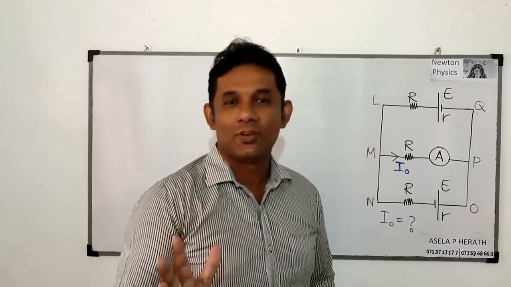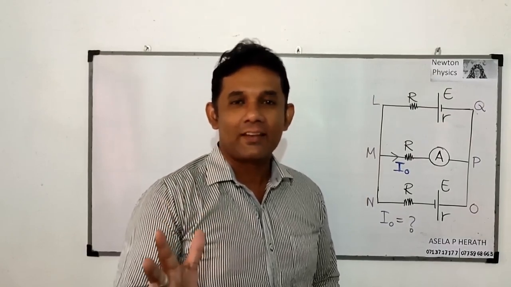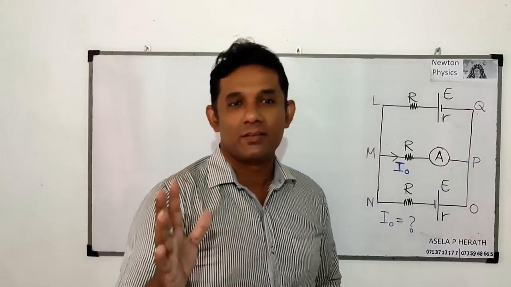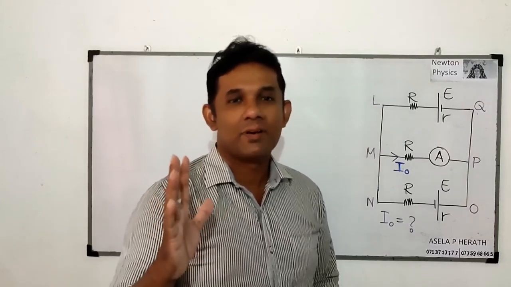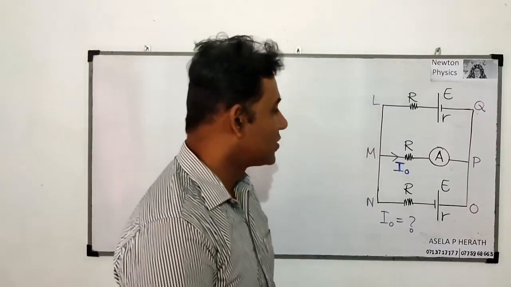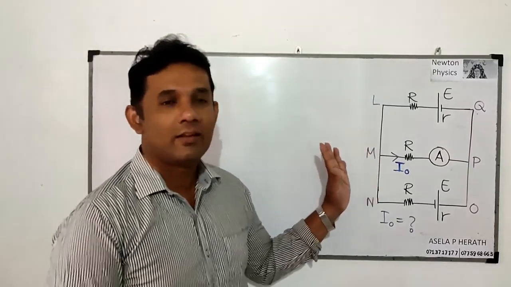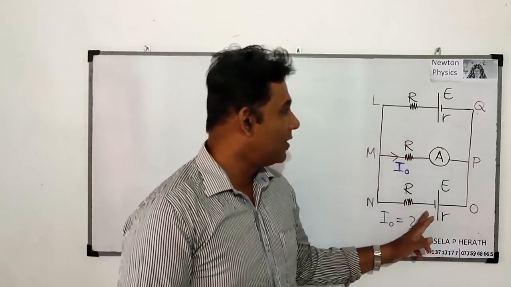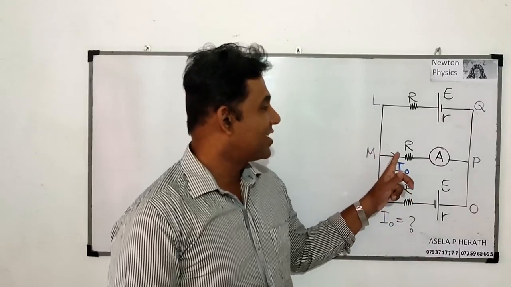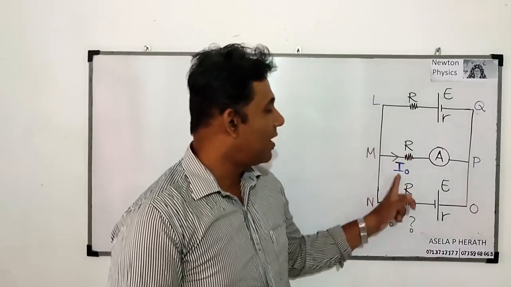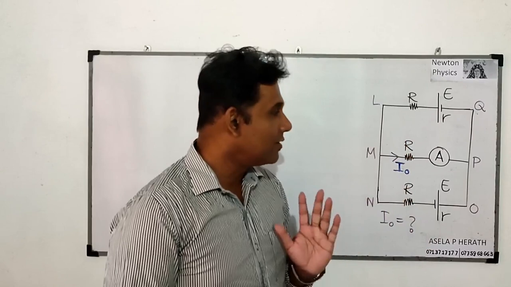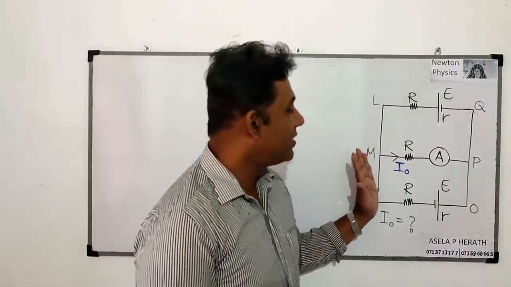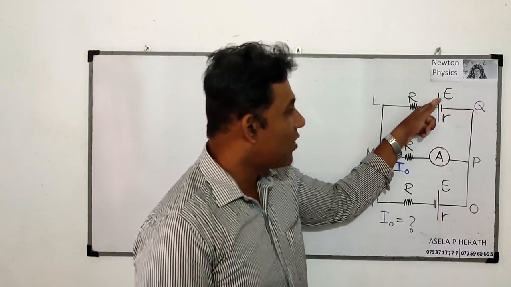I will explain to you a method of how to solve a circuit by using a special method. As an example, here I have taken a special circuit containing two identical cells and three resistors, capital R. Think that these two cells have the same value of electromotive force.